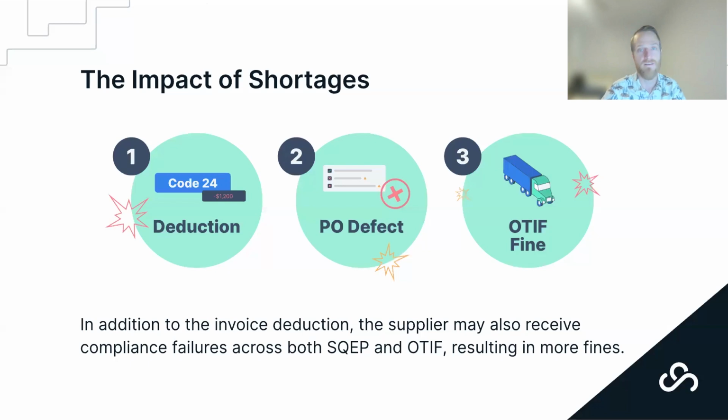It can even impact the SQEP program, the Supplier Quality Excellence Program, Walmart's newest compliance program, where you might even get an overage fine as well on the SQEP side. So just a single order and invoice can result in 3 different types of chargebacks across the spectrum, which is no fun. And now you have 3 sets of charges to dig into. So they can really load up on you.